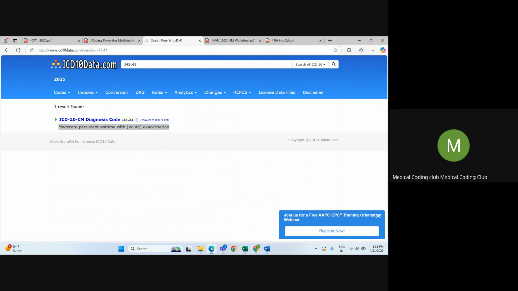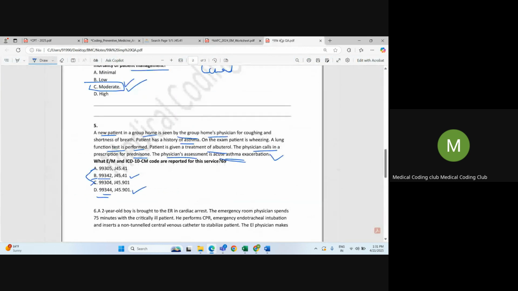Since they did not mention any detail about moderate asthma, we will consider it as unspecified asthma. And also, as we have discussed, our MDM is giving level 4. So option D is correct, not option B.